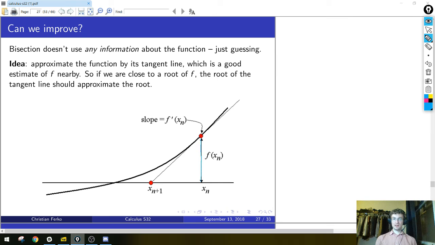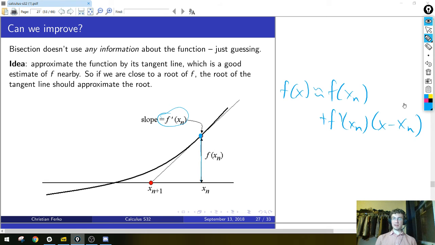You go to the point f of x sub n on the graph of the function you're interested in, and you compute the derivative, so you know what f prime of x sub n is. Using that, you write down this tangent line approximation. f of x is roughly f of x sub n plus f prime of x sub n times x minus x sub n. That gives you the tangent line.